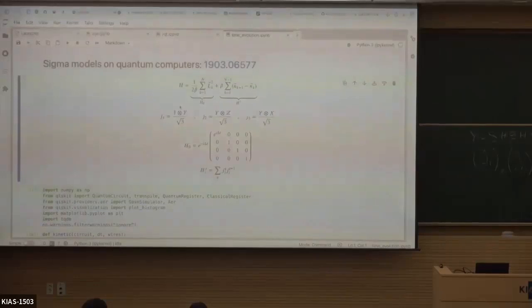And then times again another Kronecker product, 1, Kronecker product, Y. So if you look at the exact qubit order, this is 3, 2, 1, 0.